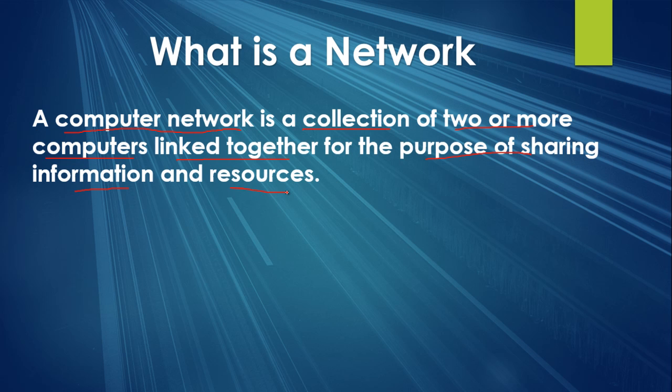As you have seen in the previous example, when we connect both systems with the help of the network cable, both systems can share the data present in their systems with each other, and they can also share resources with each other. That is the main benefit of establishing a network between multiple computers.